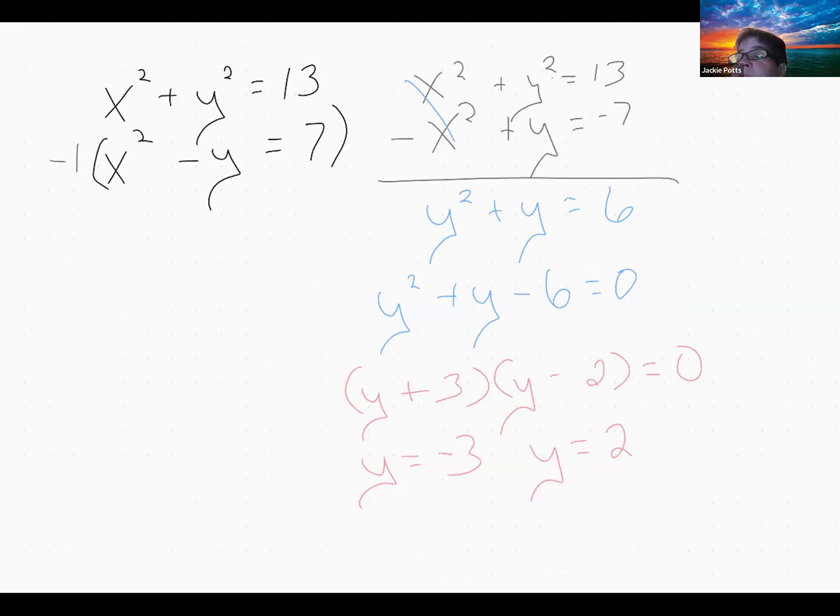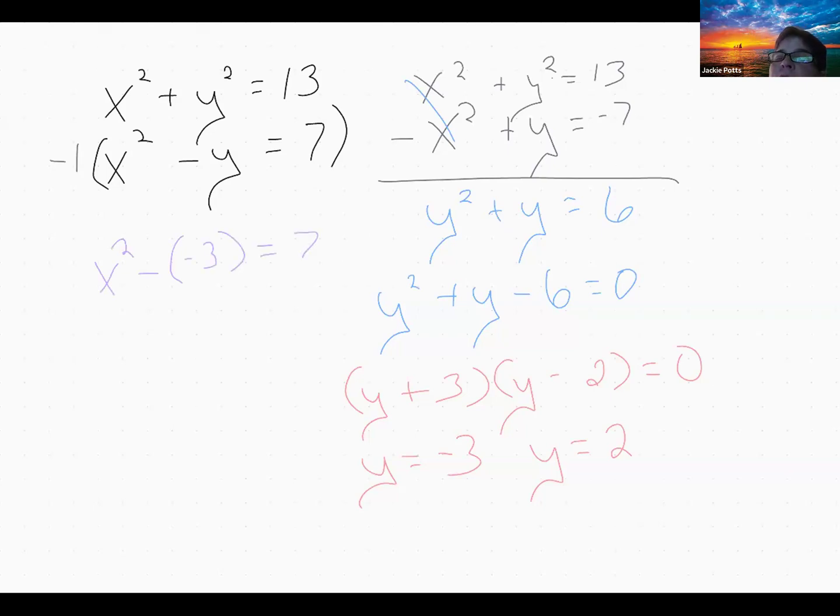So let's plug this in to the minus y and solve. So x squared minus -3 equals 7. That's a double negative, so it becomes plus. So it's x squared plus 3 equals 7.